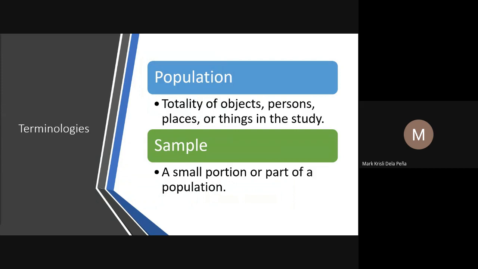So if we are studying the different species of birds in Misamis Occidental, the population is all the birds in Misamis Occidental. However, if you only get a small portion of those, then we call it a sample. The use of samples is to represent the population. We study the population based on our samples.